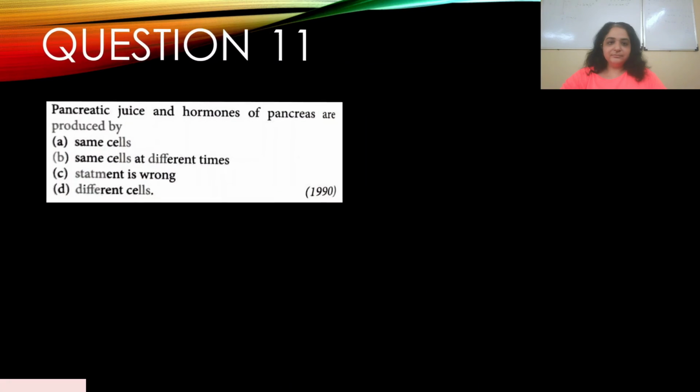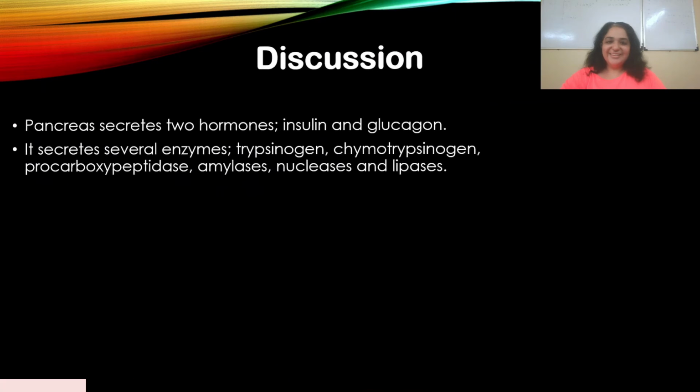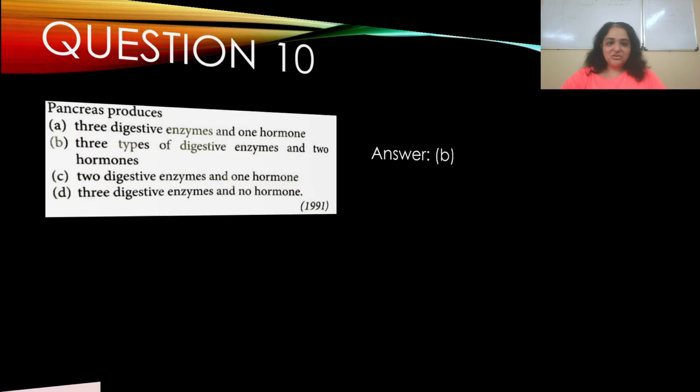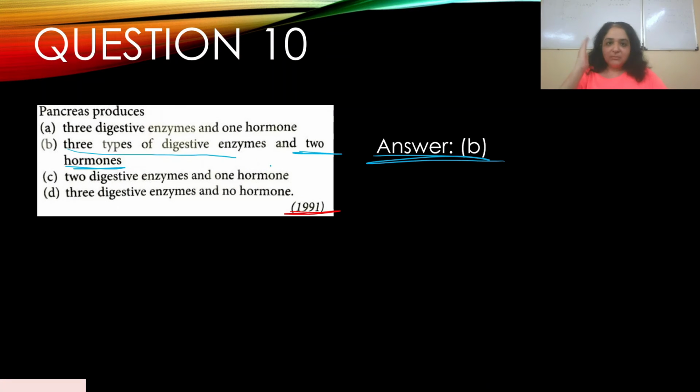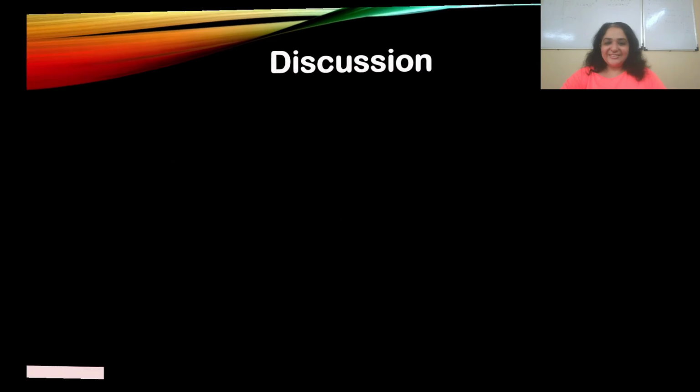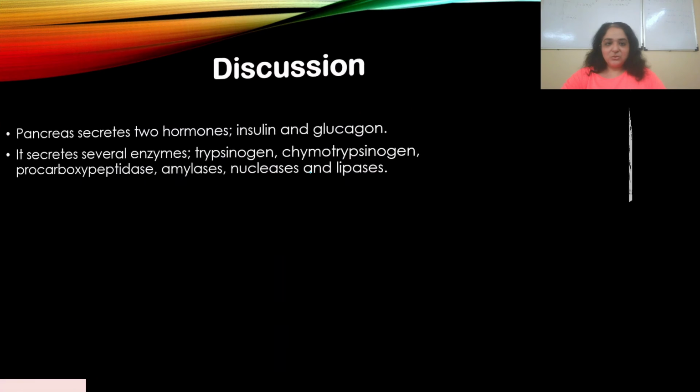So if you don't remember the enzymes, you clearly know that it secretes 2 hormones, so this was a dead giveaway. You could have easily selected the right answer if you knew for sure that it secretes two types of hormones. Obviously there are multiple types of digestive enzymes that it secretes, but this was a very clear giveaway. All right. Next question.